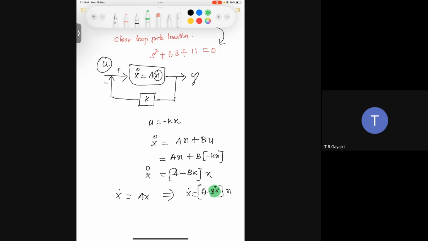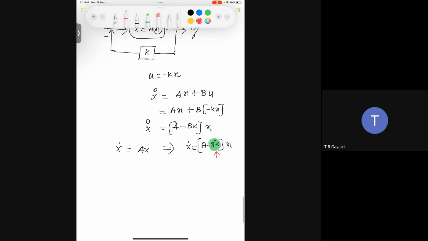So you have to choose this K so that your closed loop poles, previously somewhere at this location, will now be at the desired location. So how can we do this? Any idea how we do this?